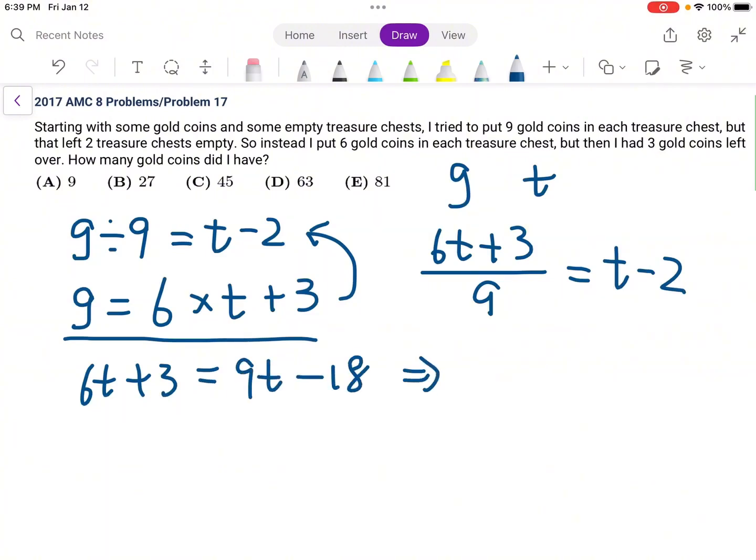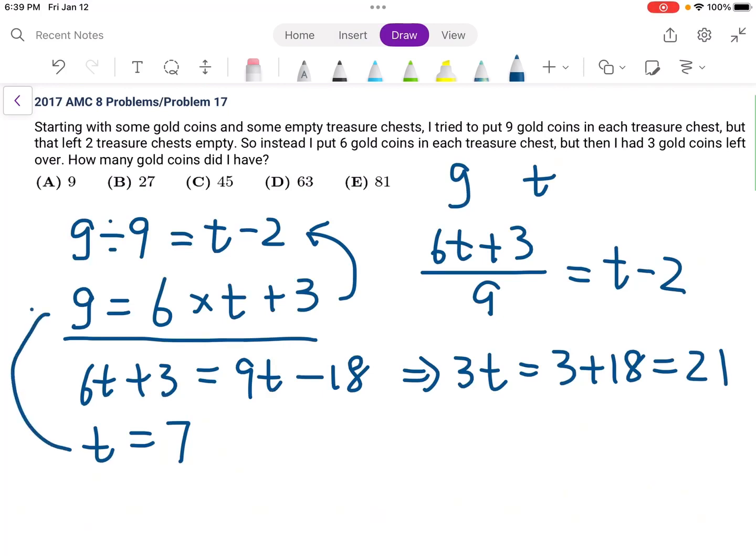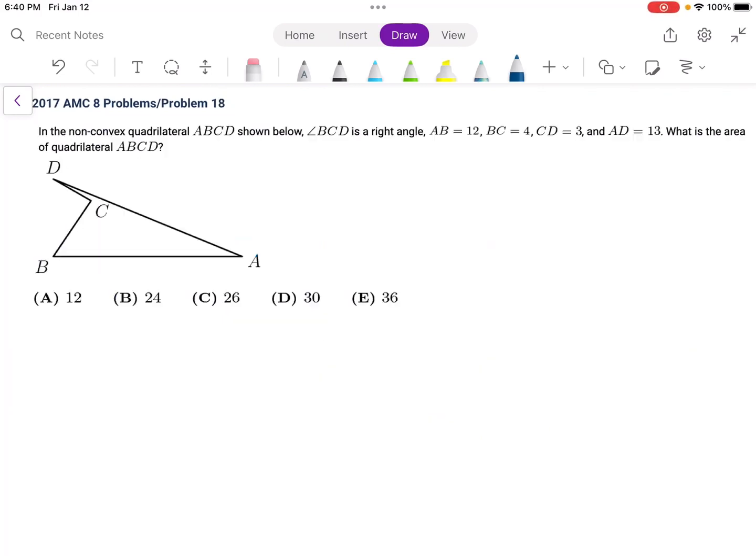That means 3T equals 3 plus 18 equals 21. Then T equals 7. So that means there are 7 treasure chests. And if that's the case, we plug T into this expression to get G. We will get G equals 6 multiply 7 plus 3 equals 45.